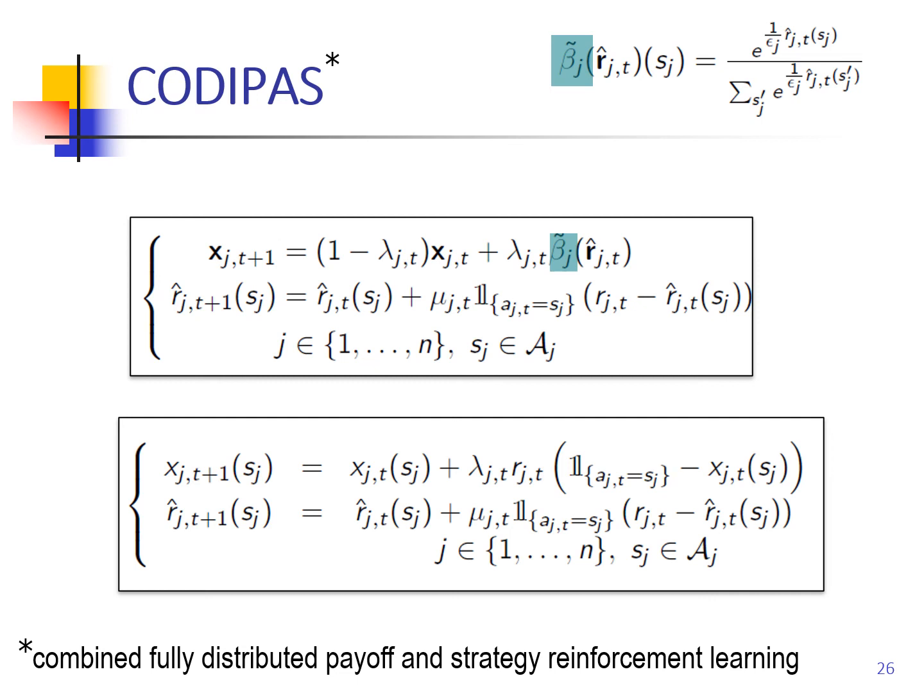So beta tilde_j of r_jt is essentially what I presented to you in the previous slide, which gives you the mapping between the utility and the strategy of player j. So what did we do? This is just the same as before, except that we take this indicator and replace it by this distribution. And we will see why we do that.